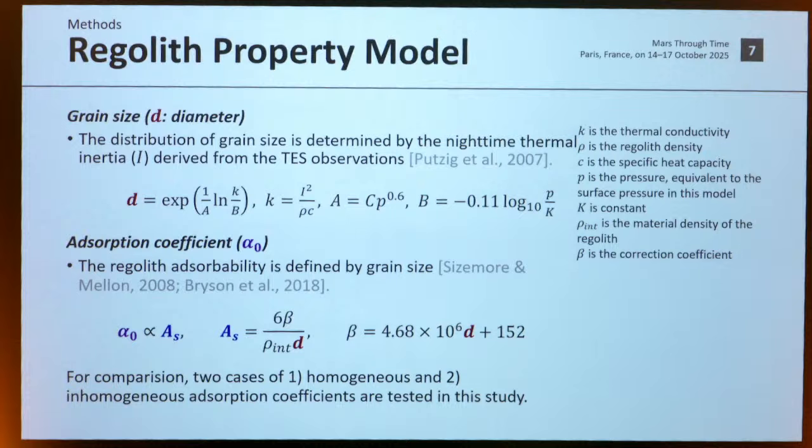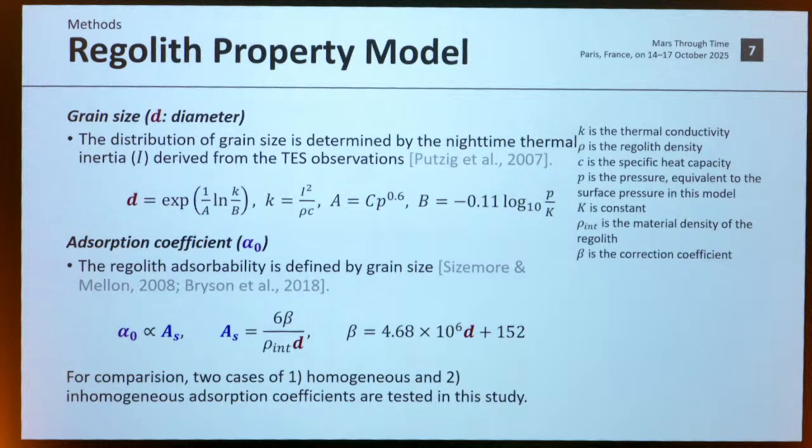So let's move on to the results. We have two maps of spatial distributions: grain size on the left, and the adsorption coefficient on the right. For grain size, most regions exhibit grain sizes between 100 and 1,000 microns.